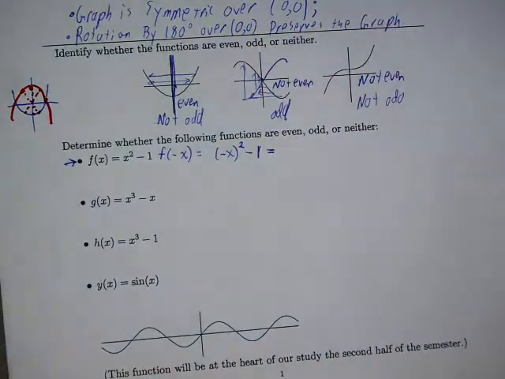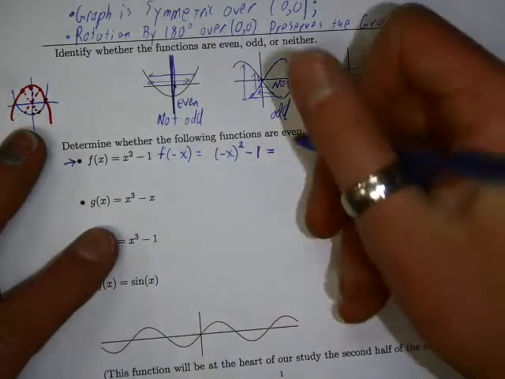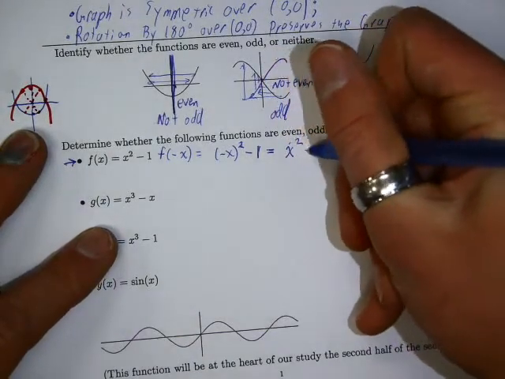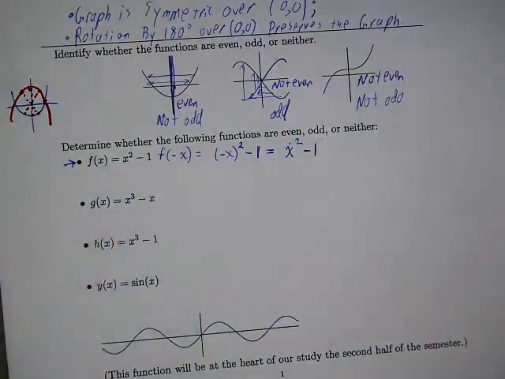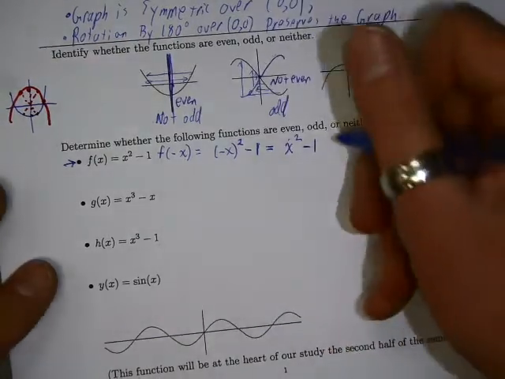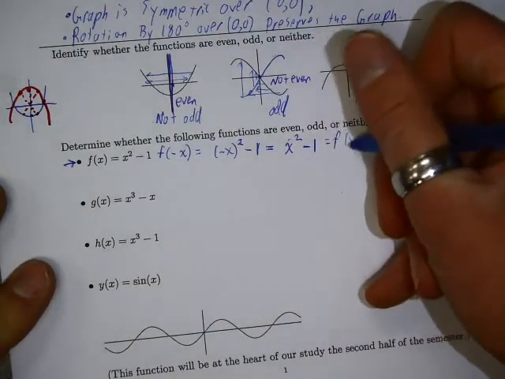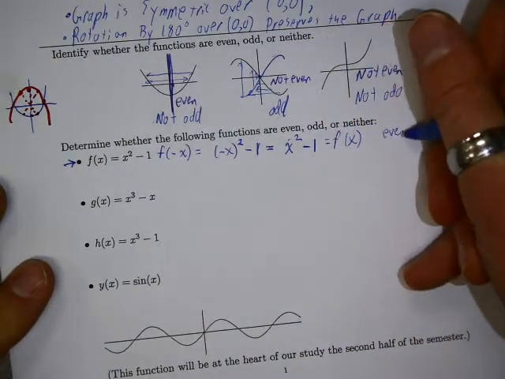Now let's simplify that down. What is negative x squared the same as? x squared. Negative x times negative x is the same thing as x times x. The negatives cancel. Is that the same as f of x? So this sucker is even.